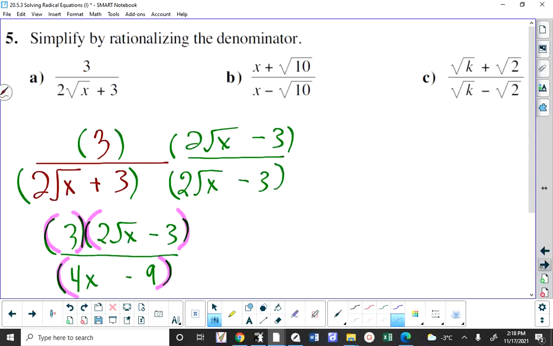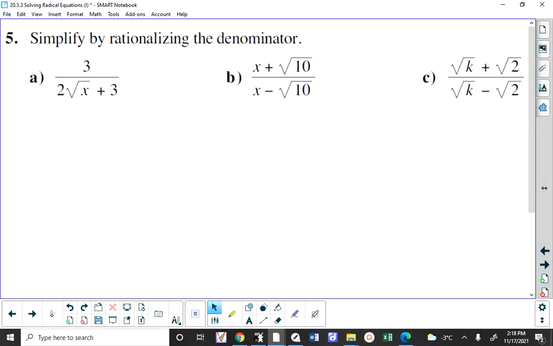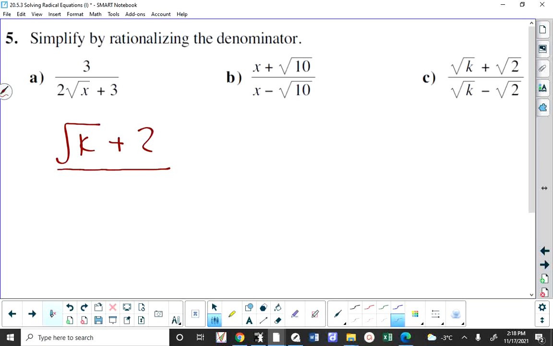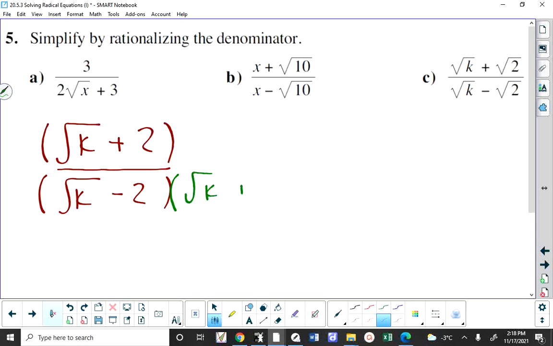5C. So root k plus 2 over root k minus 2. I guess I'm going to have to multiply here, Reagan, by the conjugate of the bottom, which would be root k plus 2.